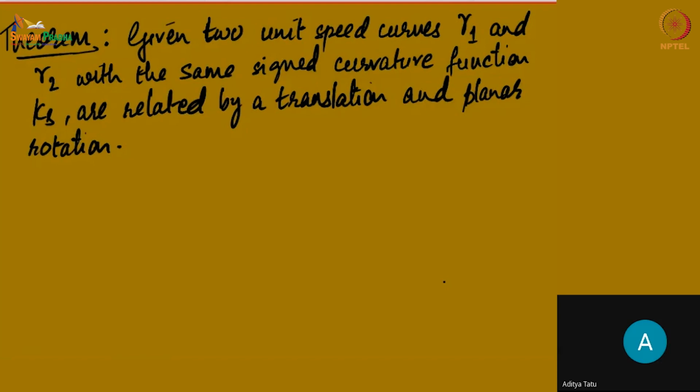Okay, so given two unit speed curves, gamma 1 and gamma 2, let us say they have the same signed curvature function. Call it kappa s. The question that this theorem tries to address is, if I give you two curves which have the same signed curvature function, can the curves be different?